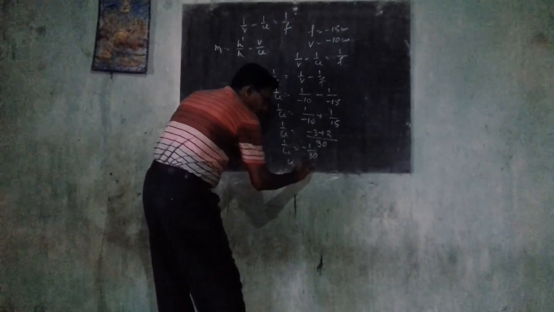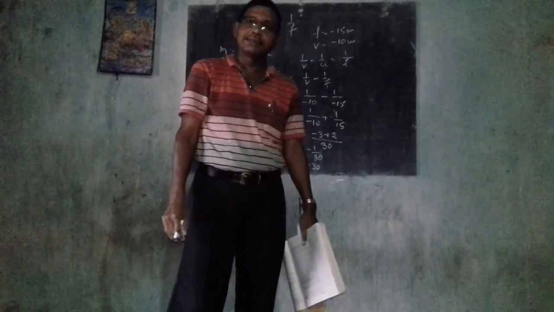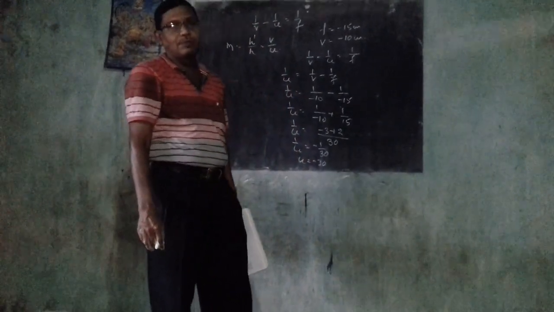So u equal to minus 30. So the object must be placed 30 cm from the lens.